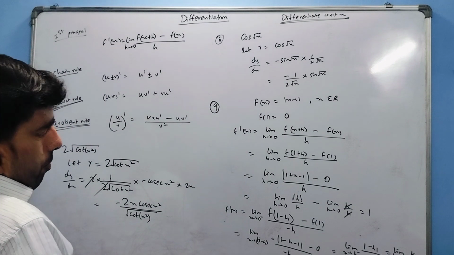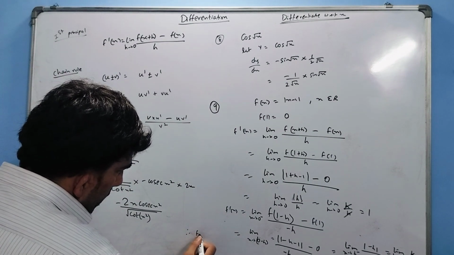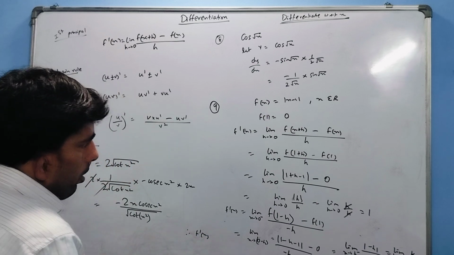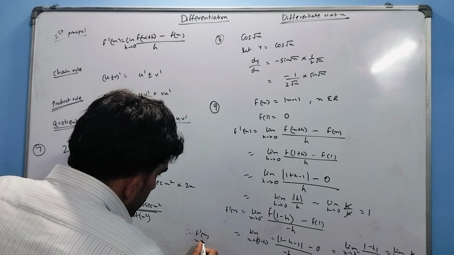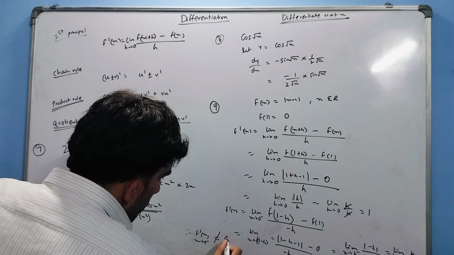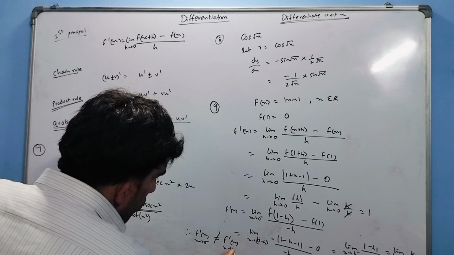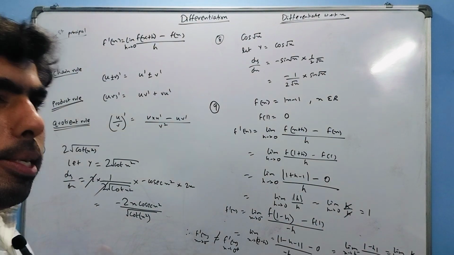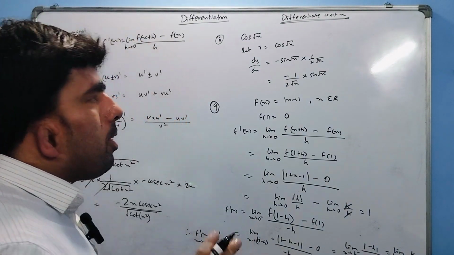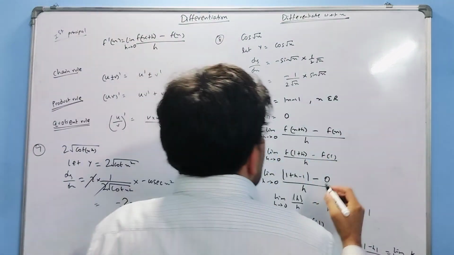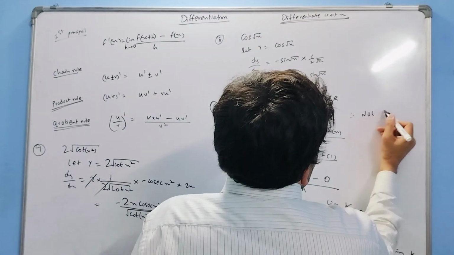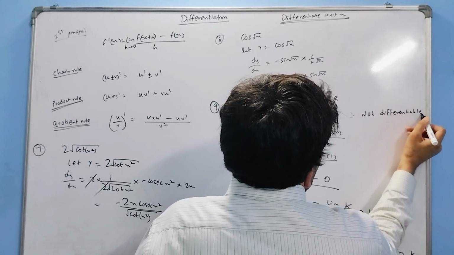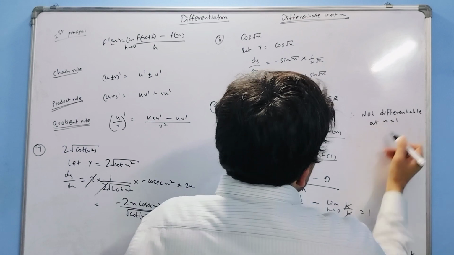So therefore we can say that f dash x as h tends to 0 negative is not equal to f dash x as h tends to 0 plus. LHL limit is not equal to RHL limit, so we can say this function is not differentiable at x equal to 1. Therefore, we can say not differentiable at x equal to 1.